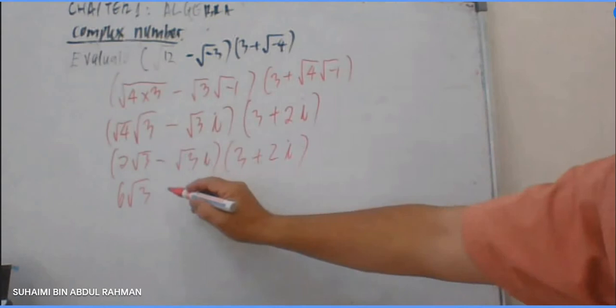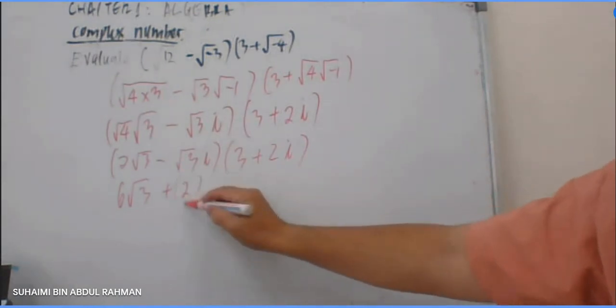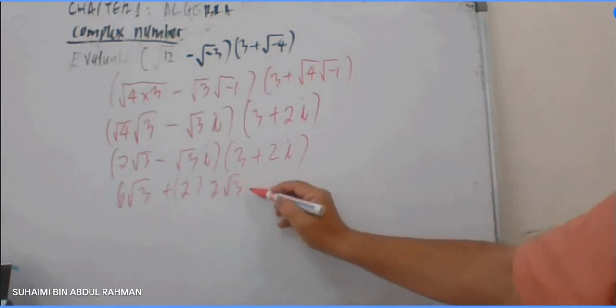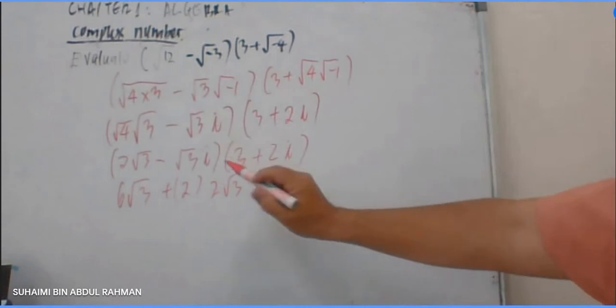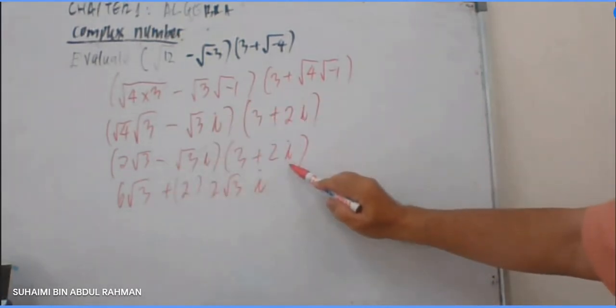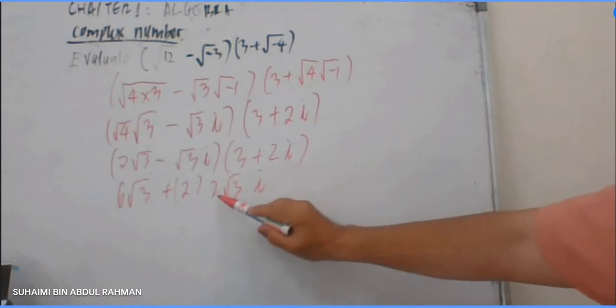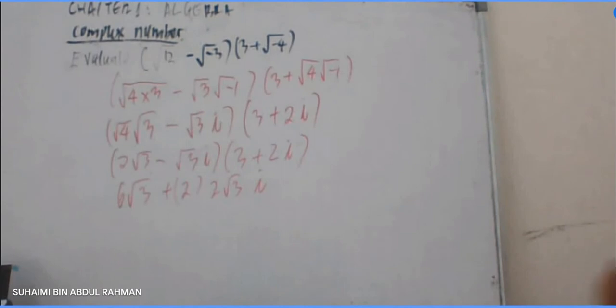So we have 2 times 2 square root of 3i. And then 2 square root of 3 multiplied by 2i. We multiply.